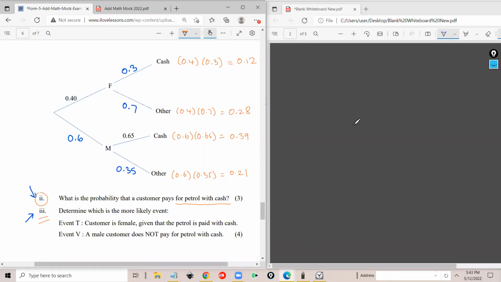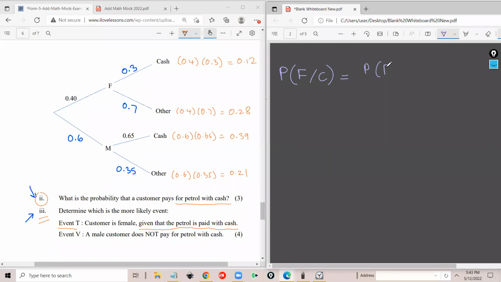So let's see what they're asking us here. Event T: a customer is female given that the petrol is paid with cash. So how do we write that? What is the probability that the customer is female given, so we put a slash, and the C means paying by cash. Remember the formula I just showed you, right?